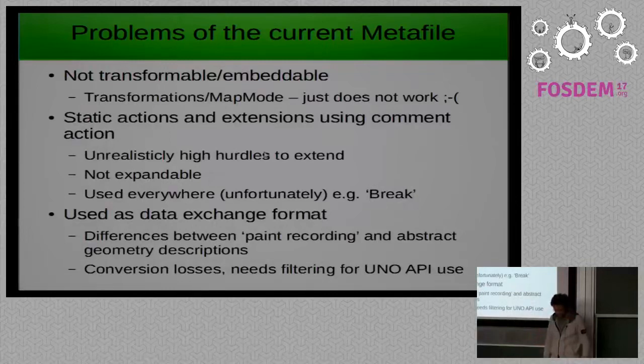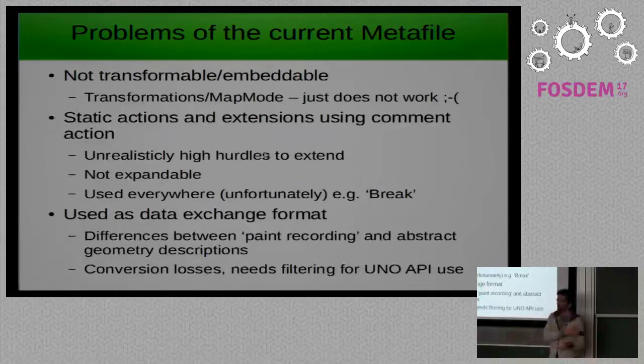And you still have conversion losses. And it's used as data exchange format pretty often to get data over the UNO API, to get graphical data over the UNO API. We have a lot of cases where the edit views or simple objects are rendered into a metafile just to record this.